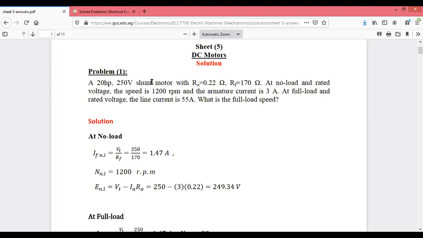At no load and the rated voltage, the speed is given as 1200 rpm. It means you can take that speed as capital N, because they have written rotations per minute.